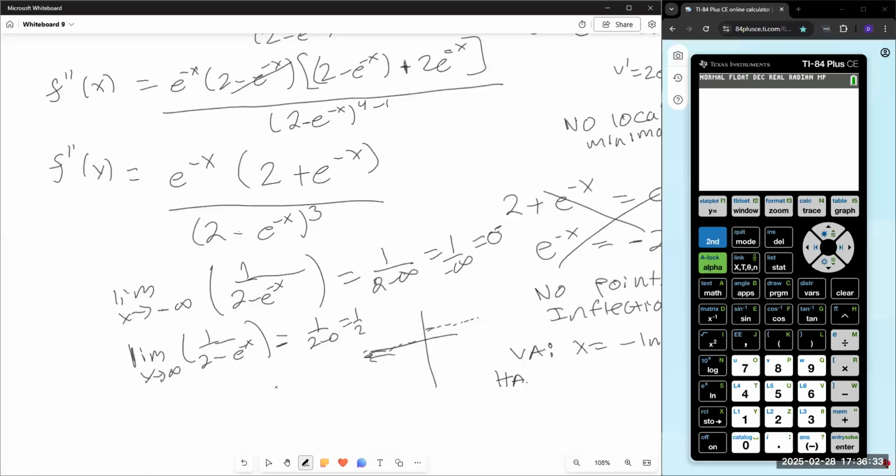So we're getting close to 2 from the bottom, a number slightly smaller than 2, which makes this slightly bigger than 1/2. So we're getting close to this from the top, and that's up here.